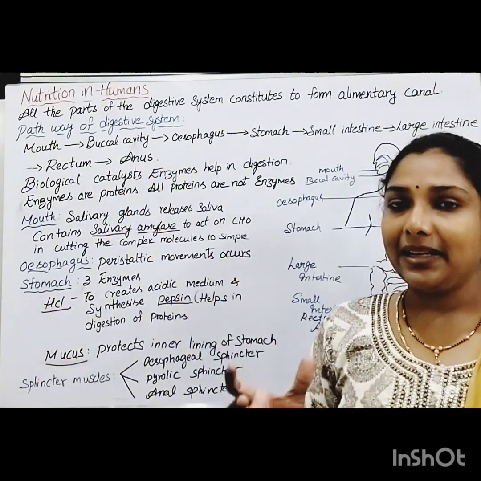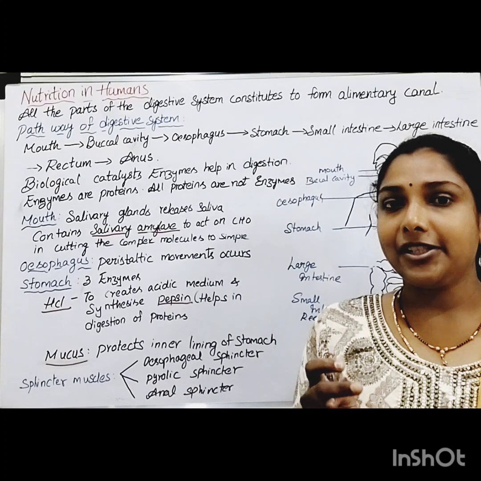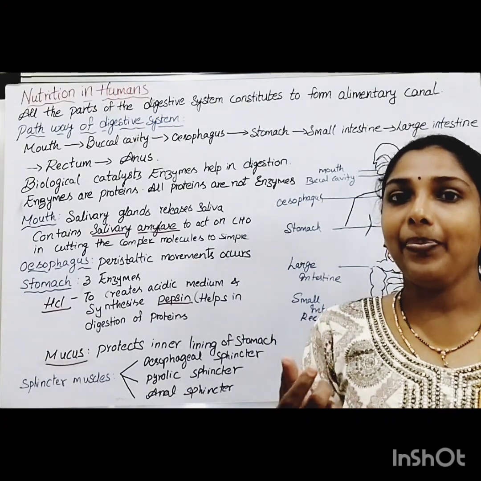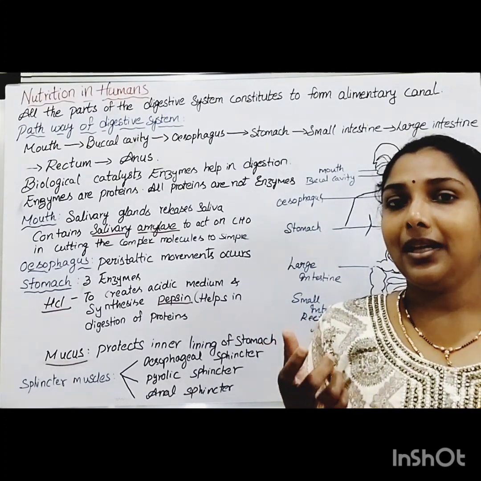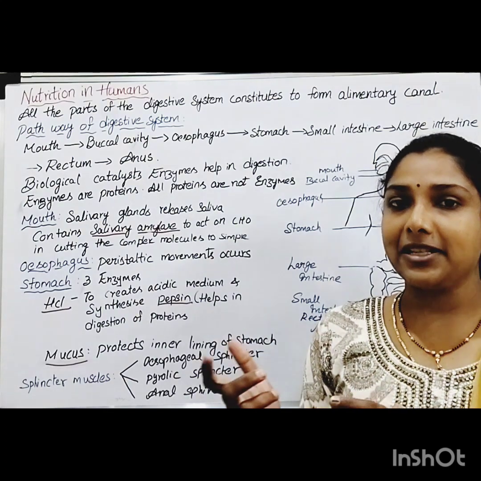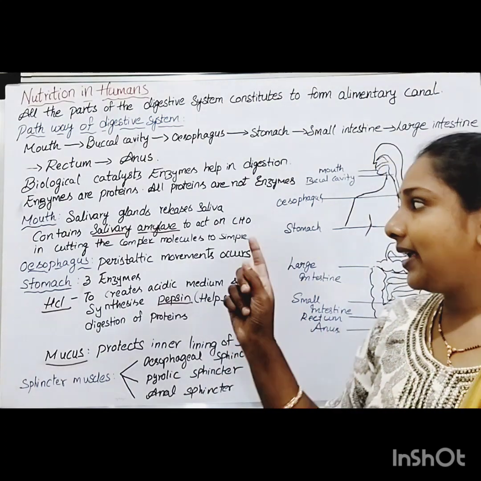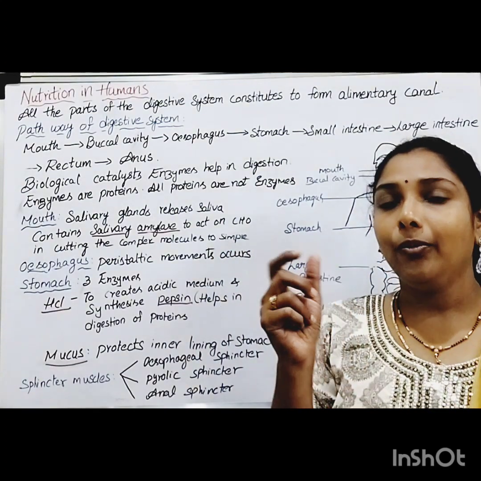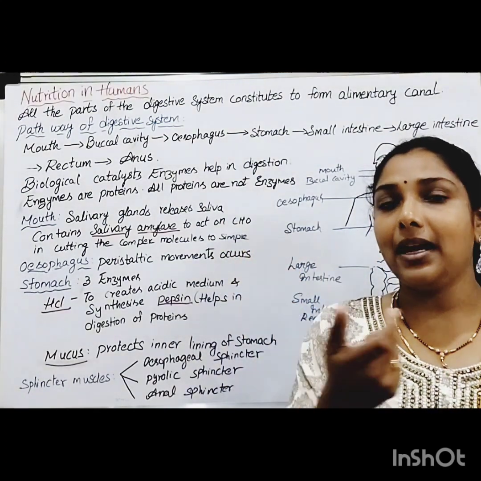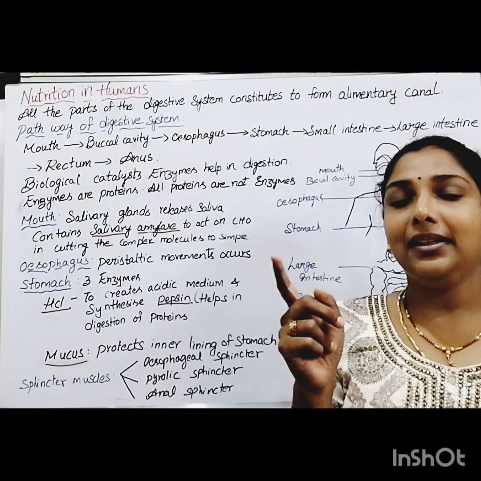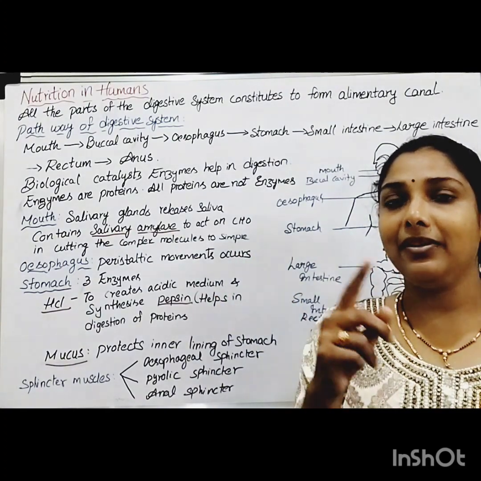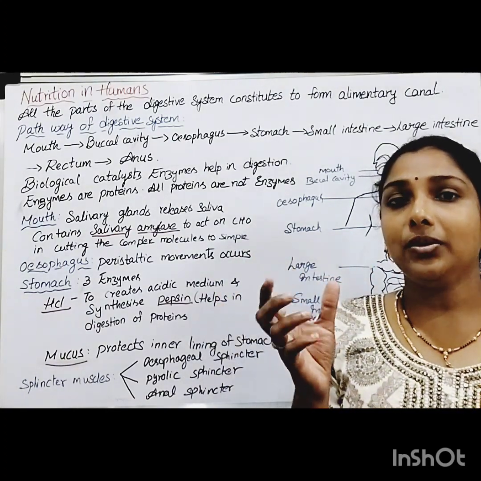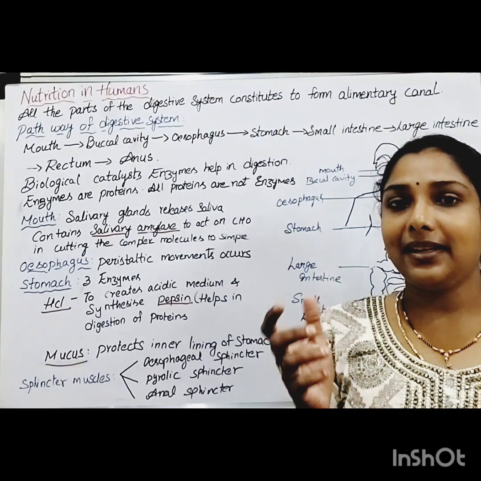A biological catalyst means that in a reaction, in the presence of some molecules, the reaction will take place. That we call a catalyst. If you write any equation, we will have reactants and products. In between, there will be a catalyst acting in the reaction. That we call a catalyst.